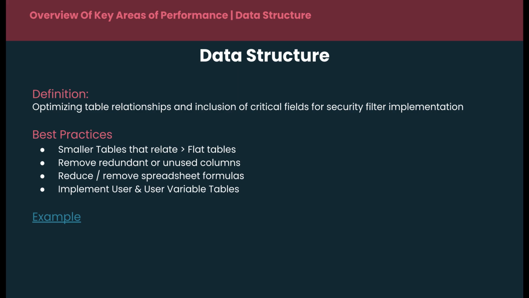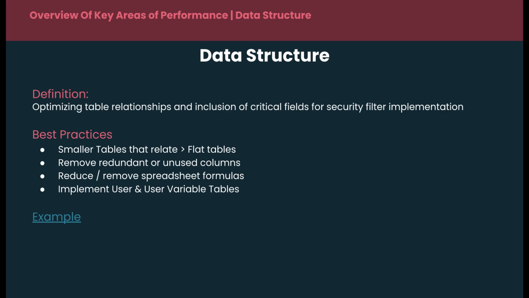So if you have a table that has 50 columns and 20 of them are redundant or unnecessary now, do what you can to remove those. Obviously, that may create some downtime for users, and you want to plan around that and communicate maintenance windows and such. But that is a general concept that's going to help you out.